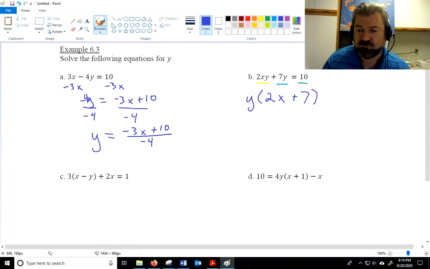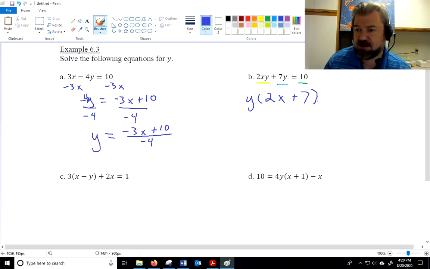But remember, when you distribute, this y would go to both of these things, right? It would go there, and then it would go there, giving me back 2xy plus 7y. So when you pull something out and use the distributive property backwards, don't be surprised to have to write the letter y less often. Okay? That's just kind of how that works.